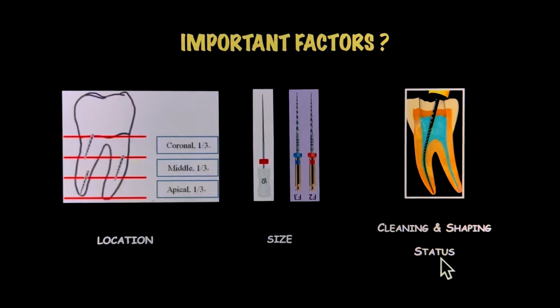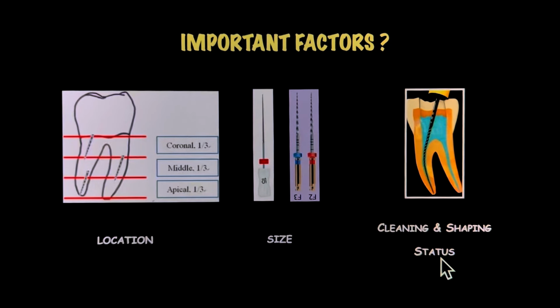Separation can occur before major cleaning and shaping, or after significant cleaning and shaping. Significant cleaning and shaping means that in between instruments you have cleaned the canal with at least a full syringe of high concentration sodium hypochlorite, and you have shaped the canal to at least size 30.